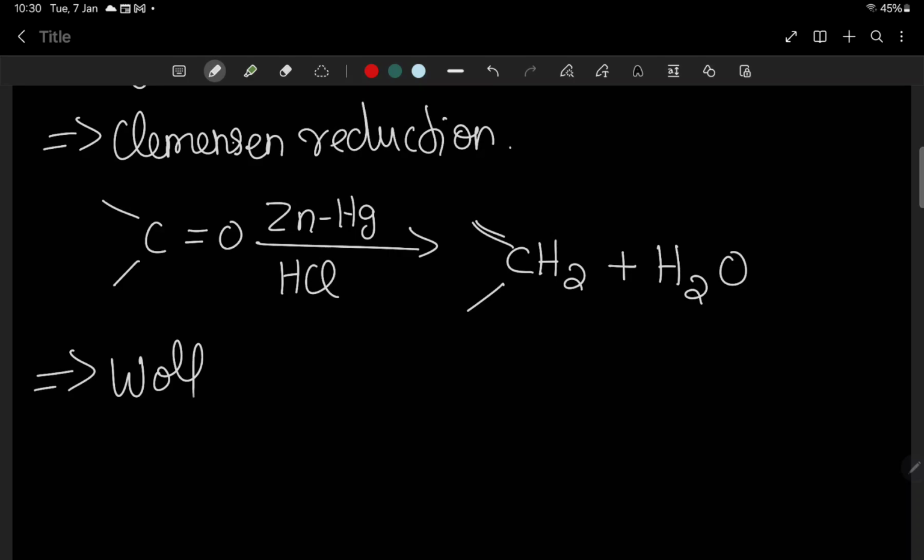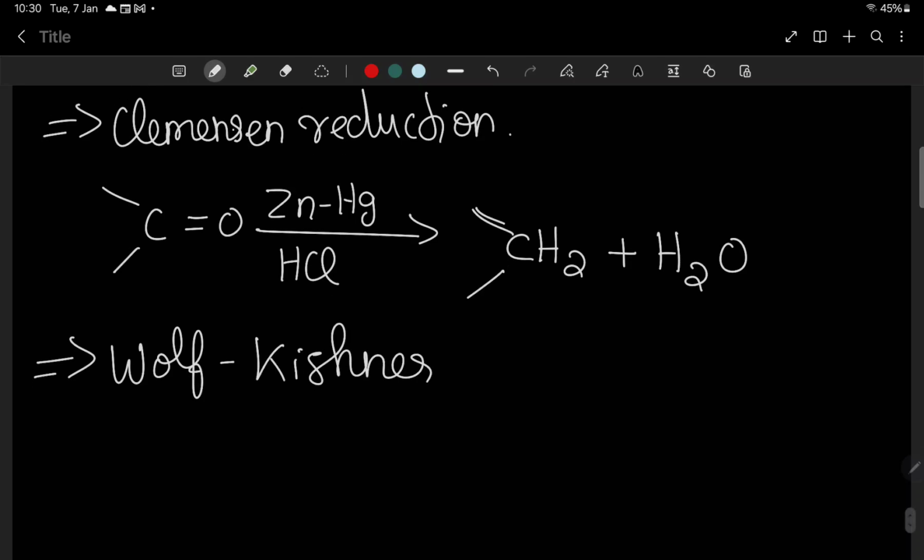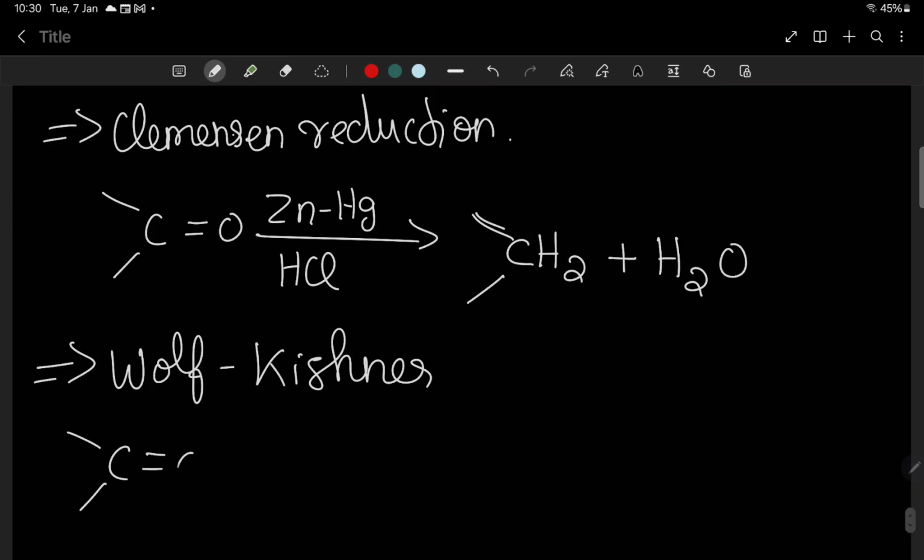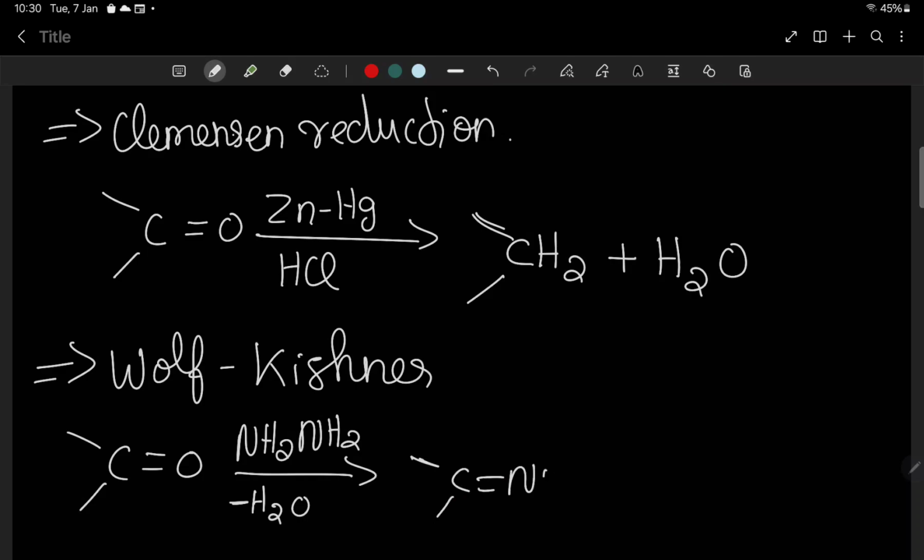That is Wolff-Kishner reduction. This is a two-step process. First of all, we take the carbonyl compound and react it with NH2NH2, that is hydrazine, and water will be removed and we get this compound.